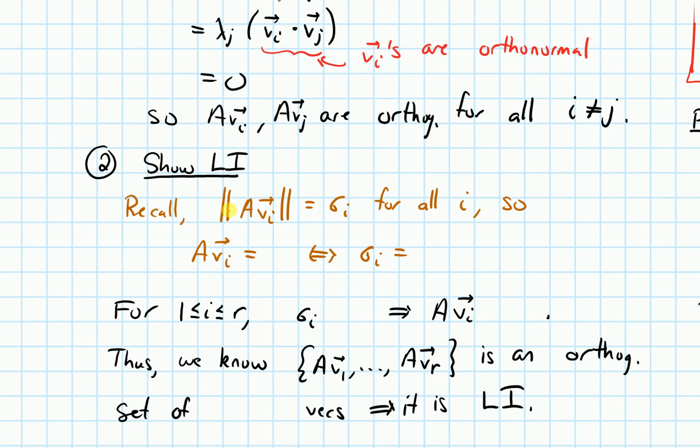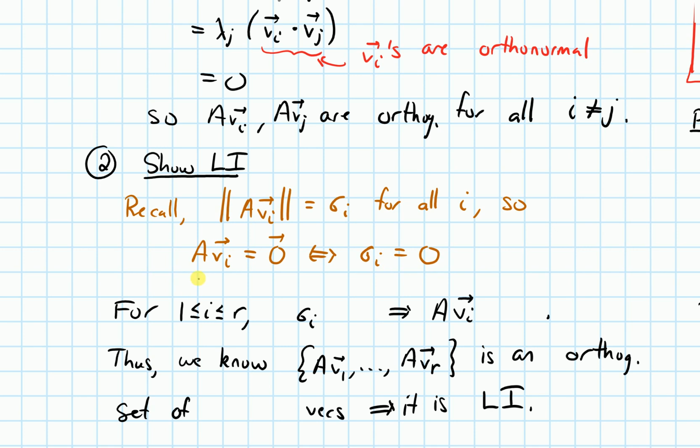So one of the things that tells us in particular is that A times Vi would be equal to the 0 vector if and only if sigma I was equal to 0. The only way for the length on the left to be 0 is if sigma I was 0.